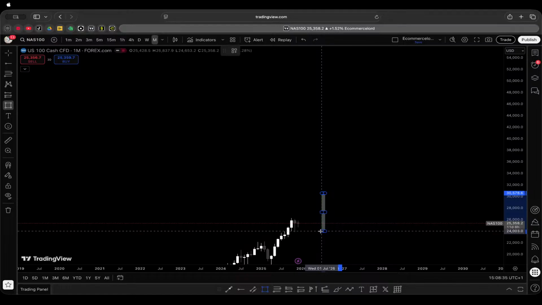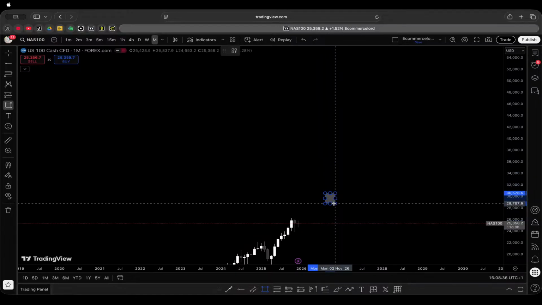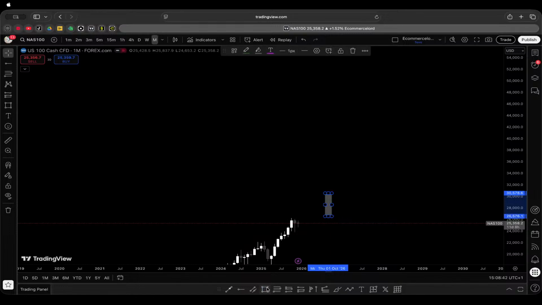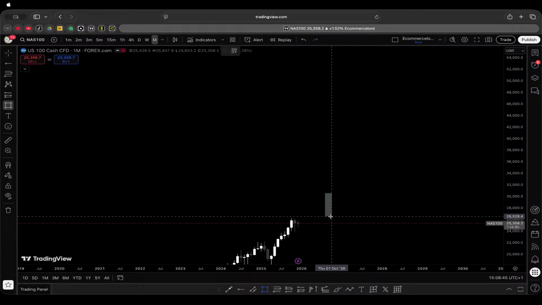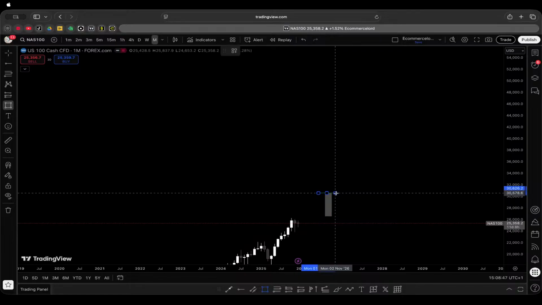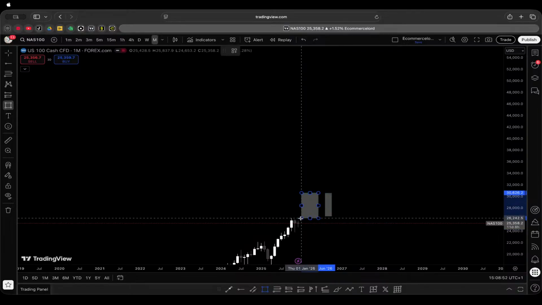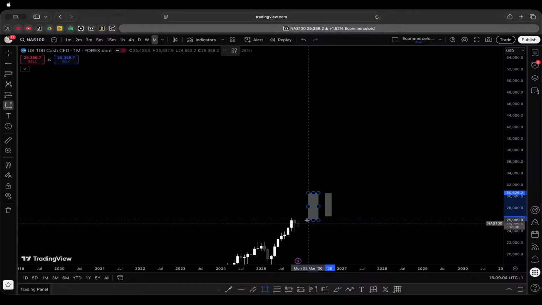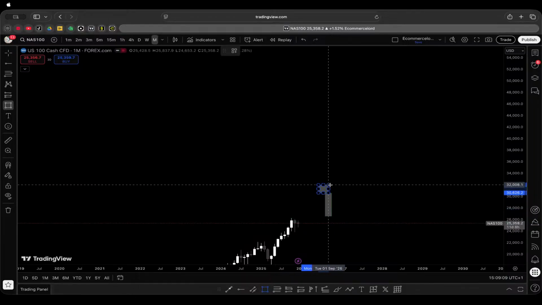all the way to here, $24,003, forming that wick, and then went back up to this open. Price then went all the way up to 26,242, creating that upper wick, and came back down to 25,861, where it closed.